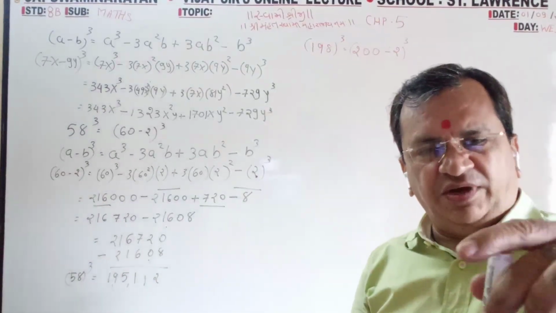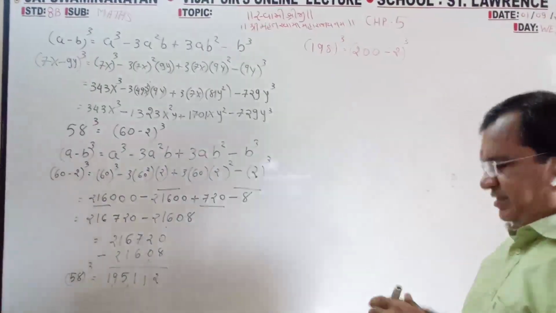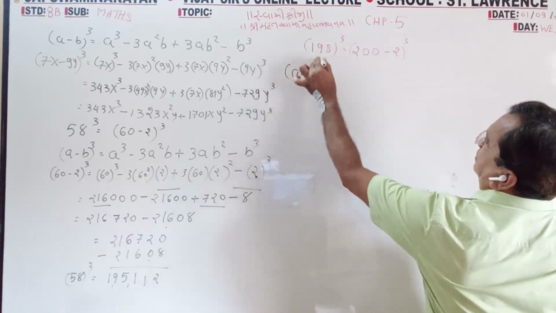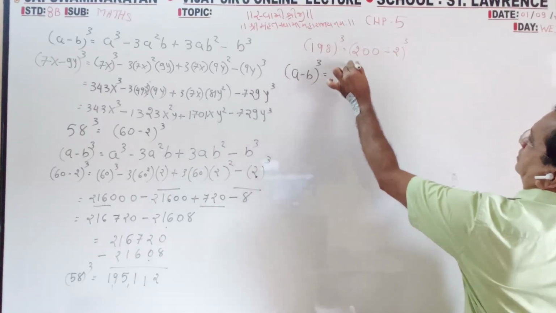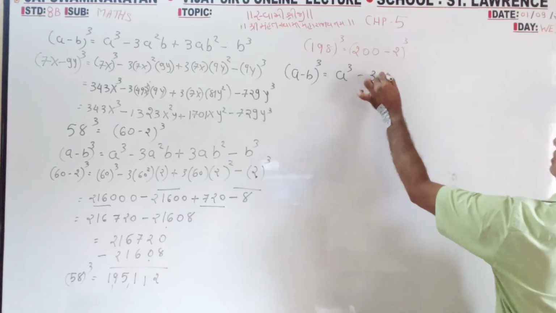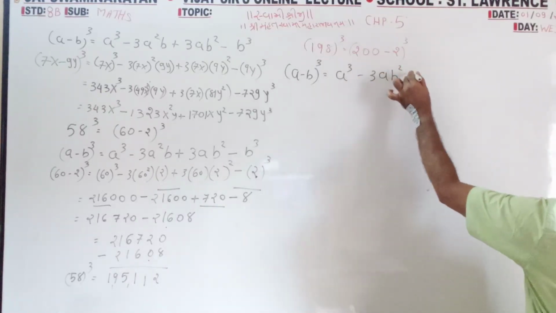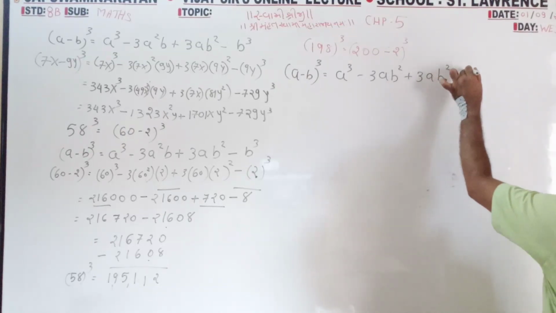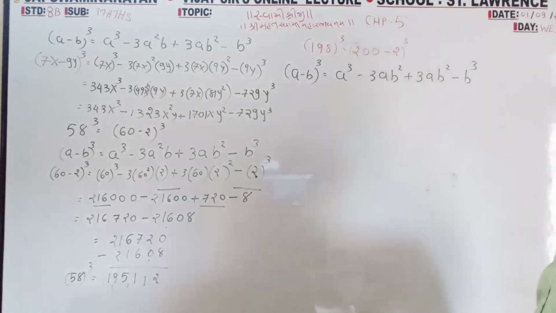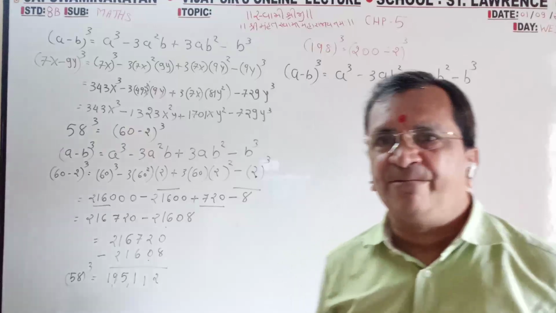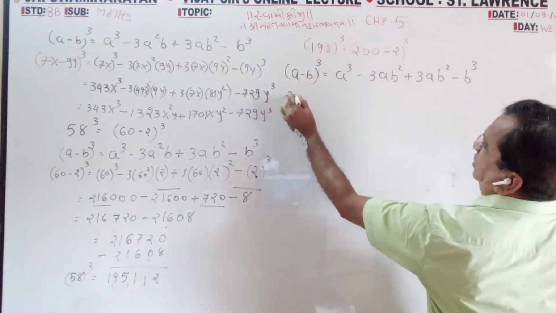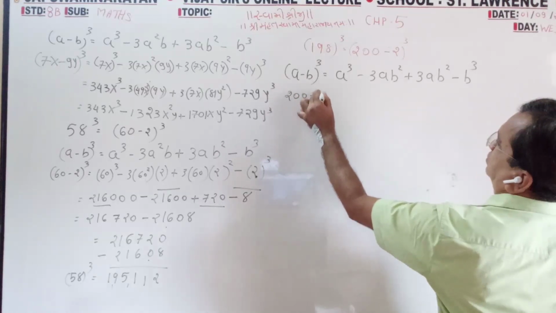So that will be a minus b cube, which is a cube minus 3a square b plus 3ab square minus b cube. Okay, so now 198 is 200 minus 2.